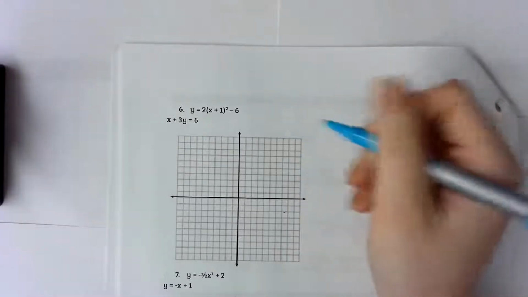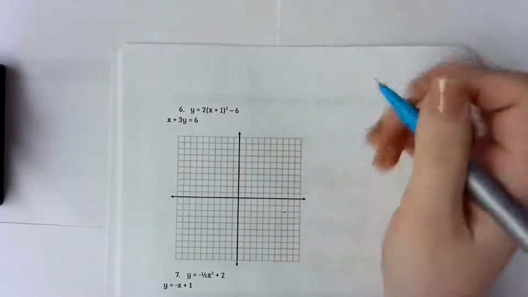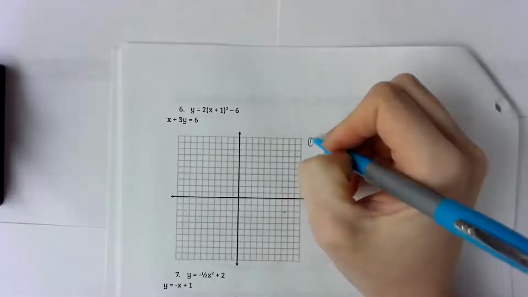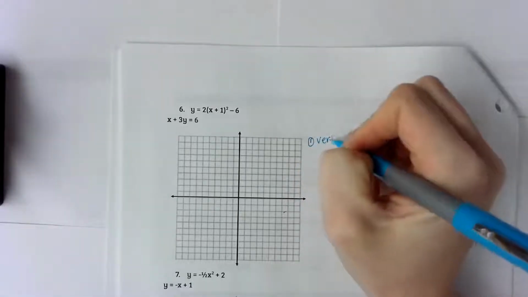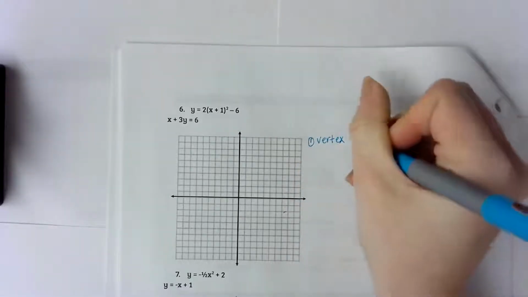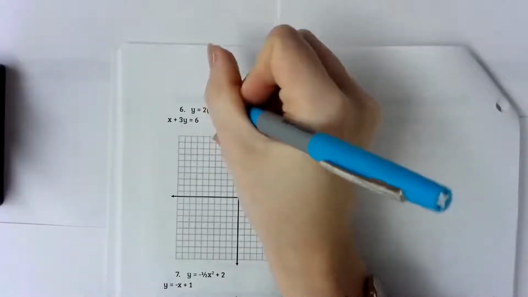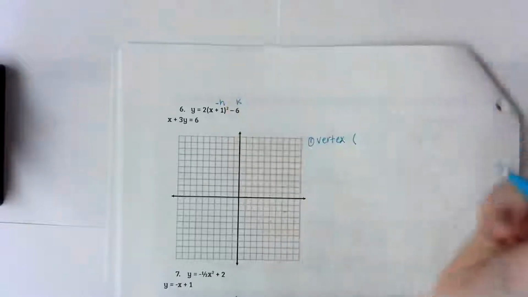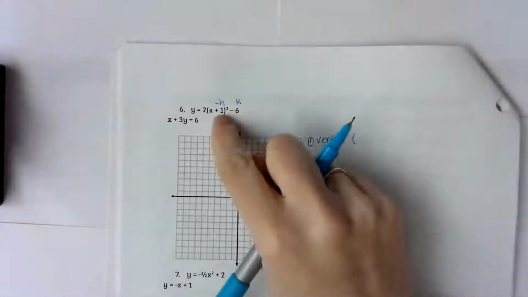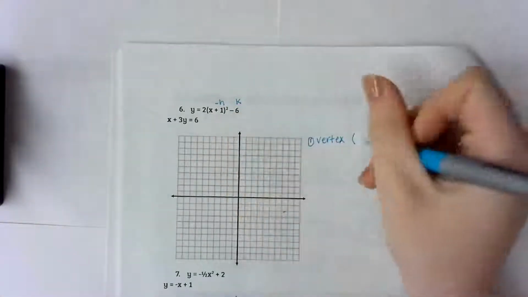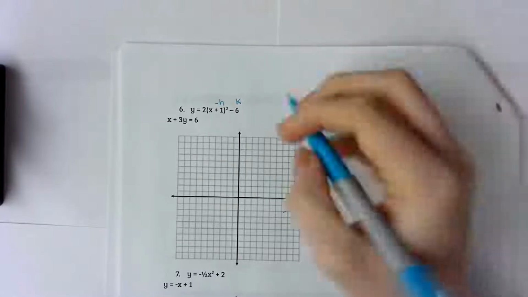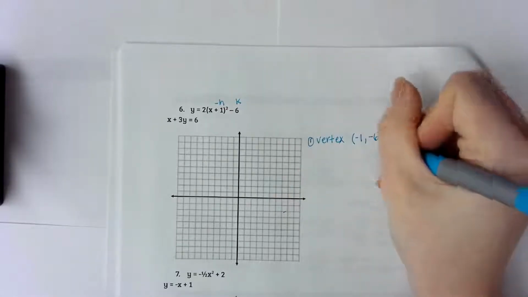Okay, so because this one is in vertex form, we don't have to find the vertex, they give that to us. So remember, your vertex is negative h and then your k. So it's the opposite of this, so because this is positive 1, it's going to be negative 1, and our k is negative 6.